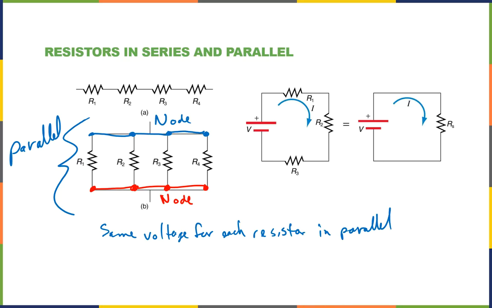But the current is the rate at which charge goes through. If one of those resistors is a low resistance, that means that it's easy for charge to go through, it doesn't cost much energy. Charge will preferentially go through the low resistor one. So current is potentially different for the different resistors.